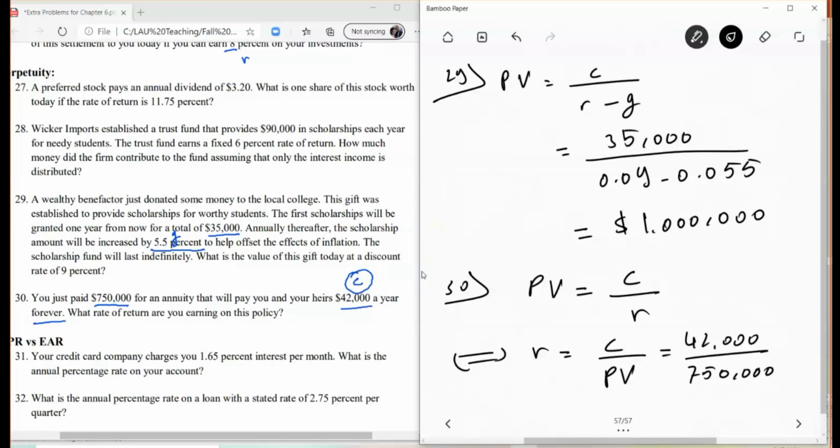And in this case, the answer is 5.6%. So if you can earn a 5.6% forever, you can invest this $750,000. In this way, you can receive an annual cash flow that will last forever of $42,000.